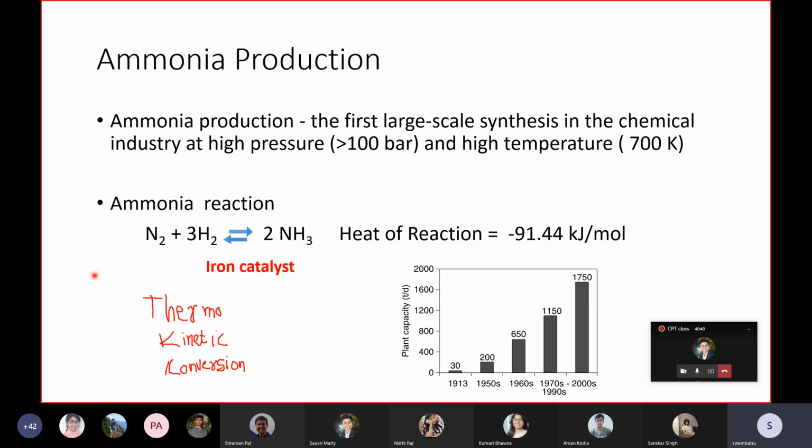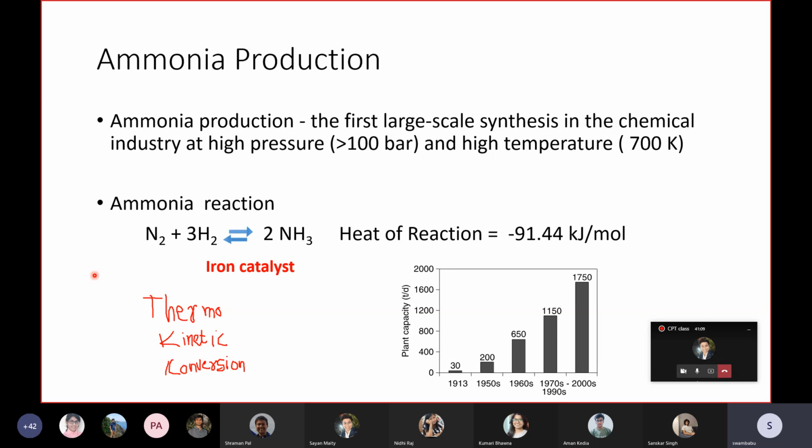So that is thermodynamics. From kinetic data, what do we get to know? From the kinetics of the reaction, what information will we get? Any guess from the students? Even if wrong, no problem.